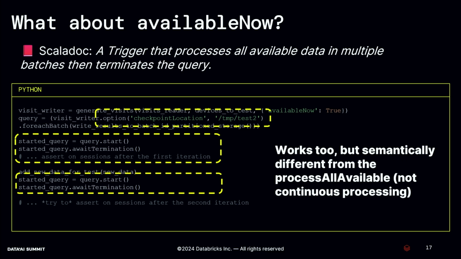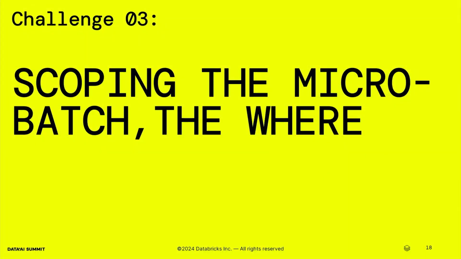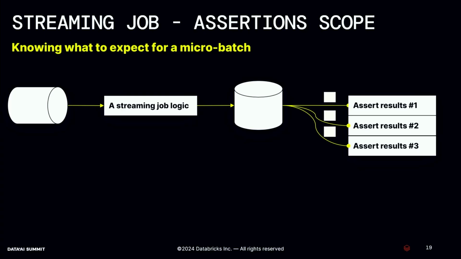And now is challenge number 3, which is scoping the microbatch, so getting the results that are generated in each iteration. Here you already got an answer with the foreachBatch function. We are focusing on these 3 blocks. We want to capture these 3 blocks and assert that the results correspond to our expectations.